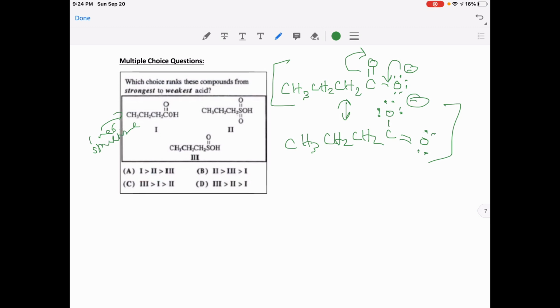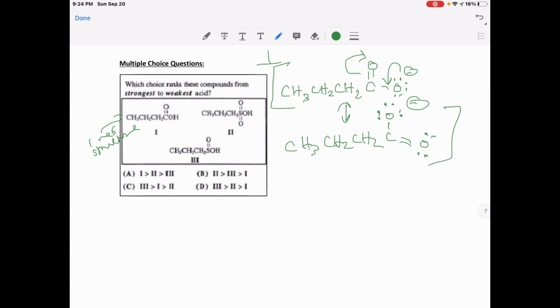Now let's examine another one. So this is just the first one. How about we examine the third one actually.